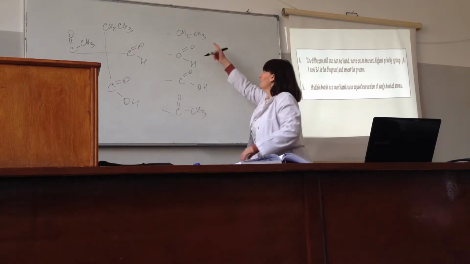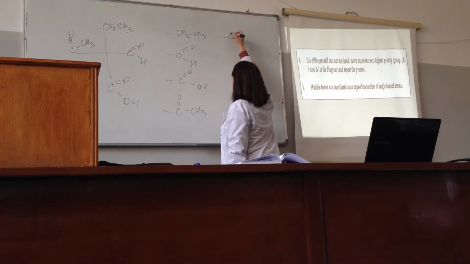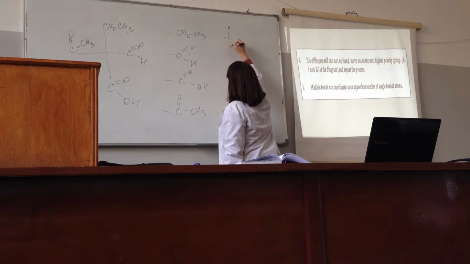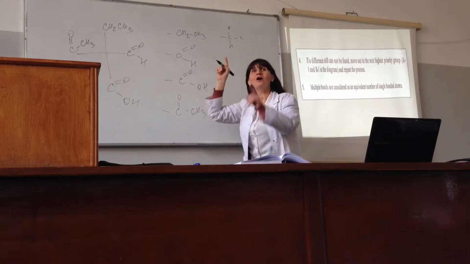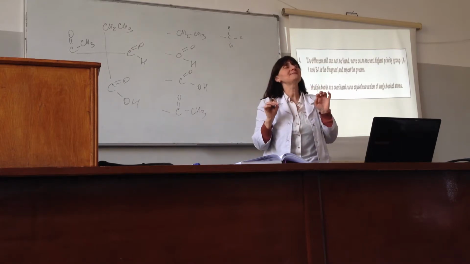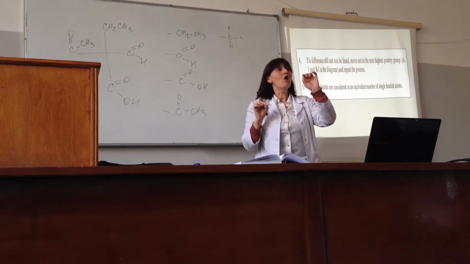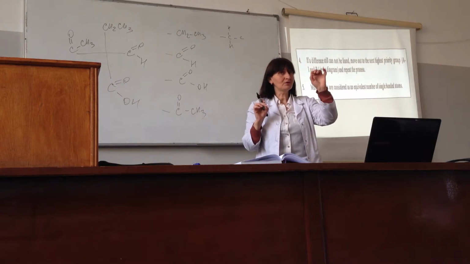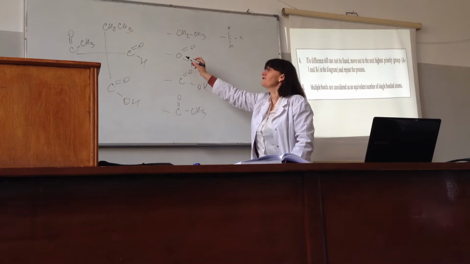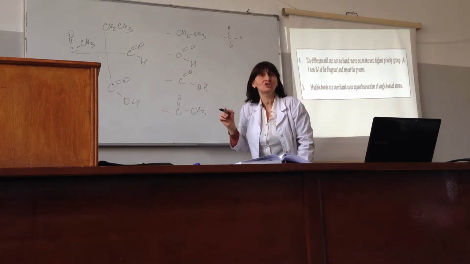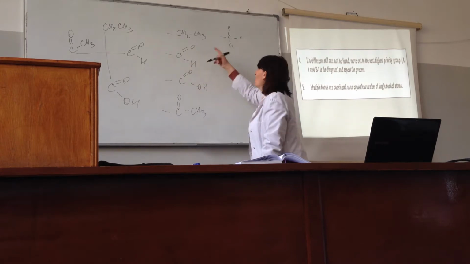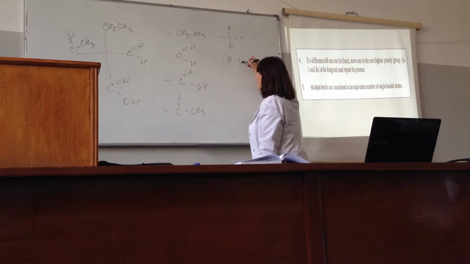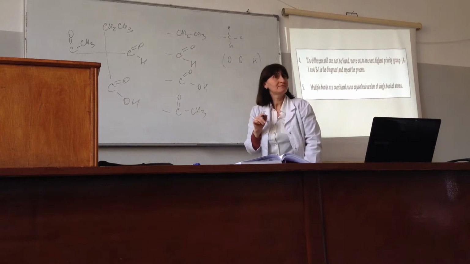In the first one, you have C, H, and C. So H, C. In the second one, if you see a double bond or a triple bond, duplicate or triplicate this atom. Because here you have a double bond with oxygen, you have to duplicate this O. So here you have O, O, and H.